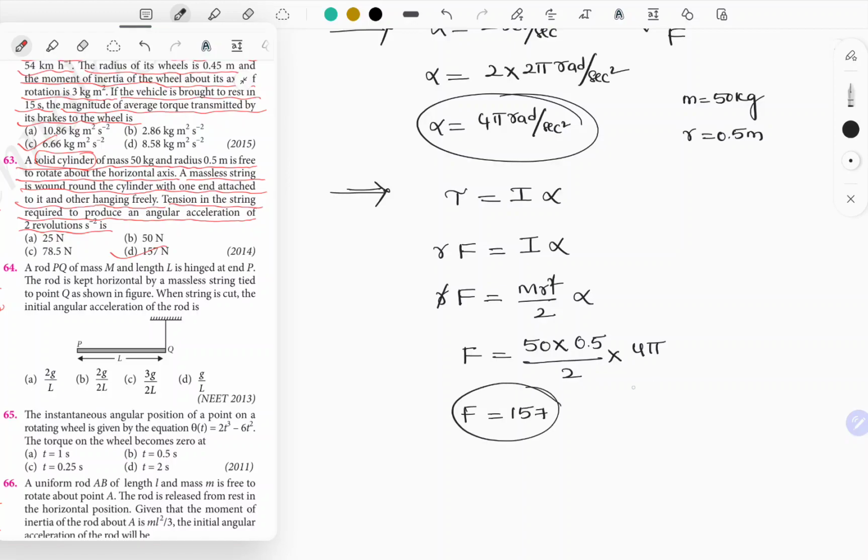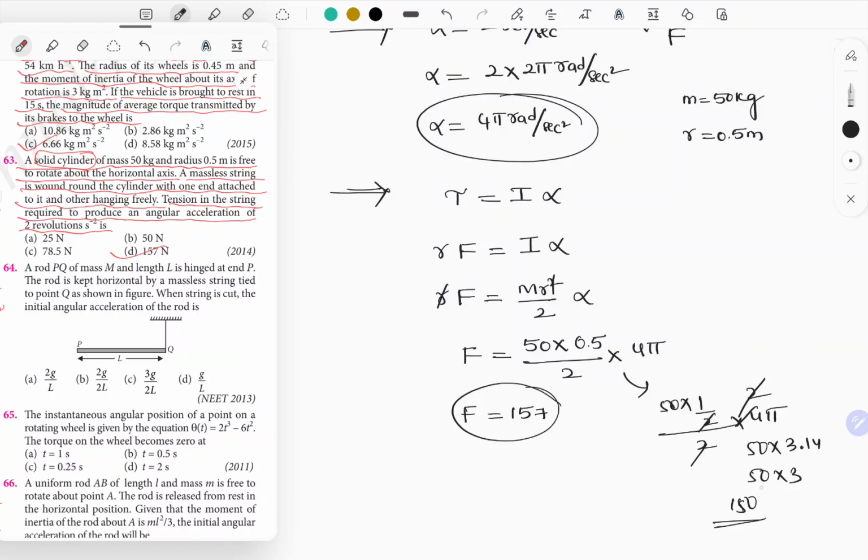You might have confusion, so let me solve this. I'm writing 0.5 as 1 by 2, divided by 2, into 4 pi. So this 2 will get cancelled, this 2 also will get cancelled. Now I'm going to get 50 into pi. Pi is 3.14. I'll make it approximately equal to 3. So 50 into 3 is going to be 150.